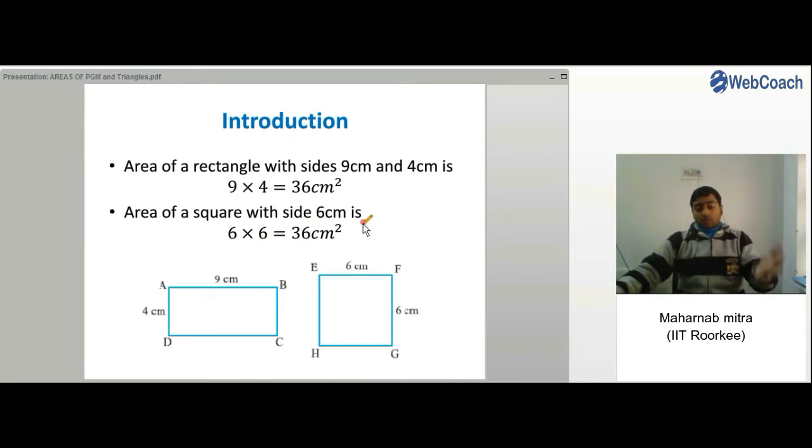So you have seen that if the areas are the same, not necessarily both the figures have to be the same. But if the two figures are congruent to each other, or exactly alike, then obviously both of their areas must be the same.